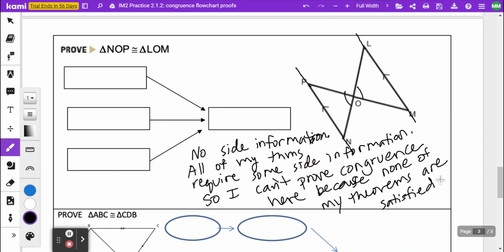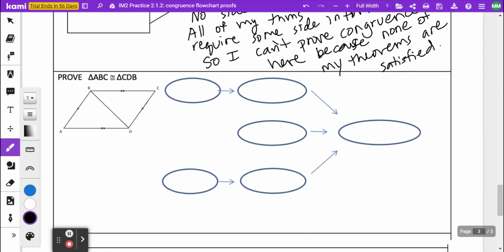I don't have any side information. Now, some of you might make a mistake and think that the parallel lines give you side information, but they don't. The parallel lines give you angle information. So again, I don't have what I need here. Let's check the next one.